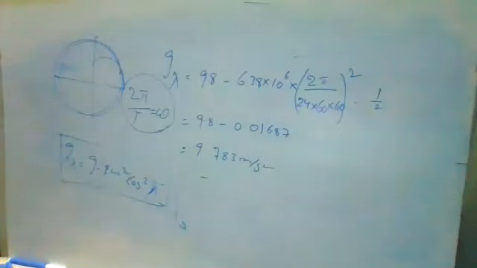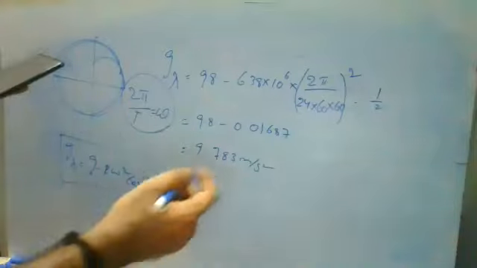Okay, let me check, maybe there is a mistake. I'll check. What is the answer? Does the same answer come? Check. Correct, ma'am, 7.27 into 10 power minus 5. Yes, you are correct. There was a mistake. Check whether this answer comes. Answer is coming correct. Yes, answer is correct.